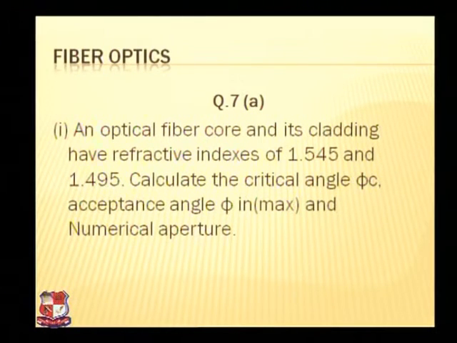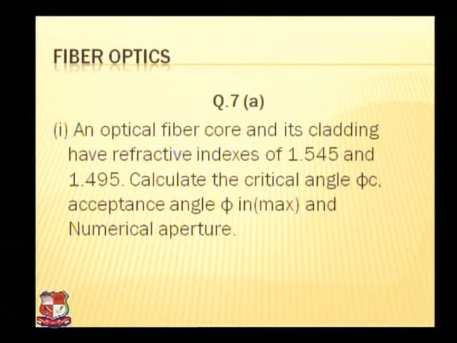An optical fiber having core and cladding has refractive indices of 1.545 and 1.495 respectively. Here 1.545 is the refractive index of core and 1.495 is the refractive index of cladding.